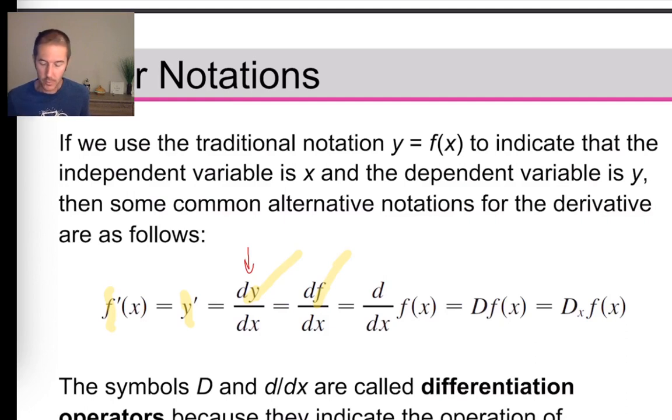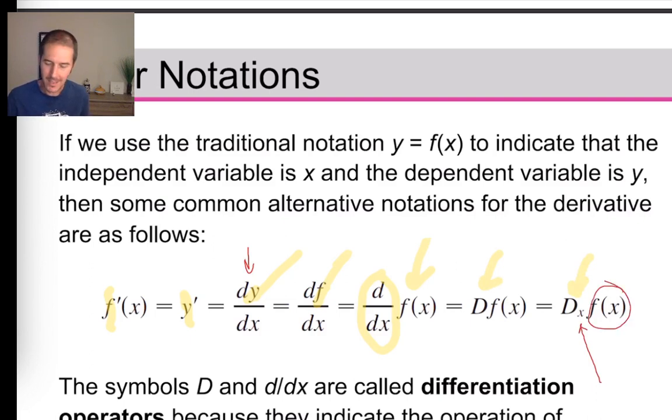It is also acceptable notation to say that we're taking the first derivative with respect to x of the function f of x, or this capital D, meaning the derivative with respect to x of whatever your function is.